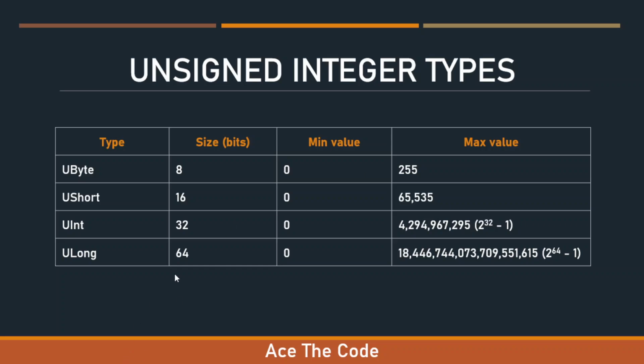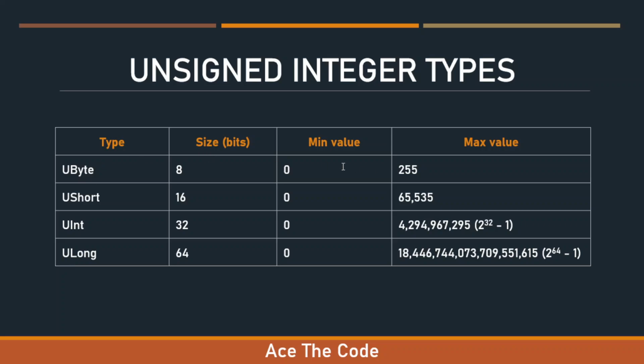Strictly we will store the positive numbers, and there are many scenarios where we have to store positive numbers. For example, age of a person, price of a product, these are always positive numbers. Quantity, sell quantity, buy quantity, all these are positive numbers. This cannot be a negative number. So for that we have UByte data type, UShort, UInt, and ULong.